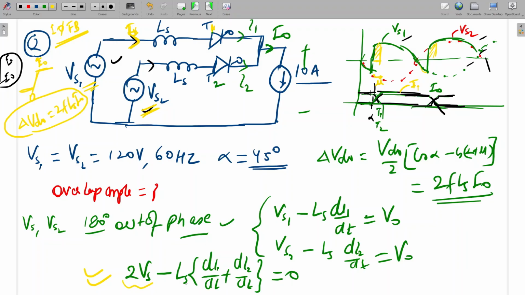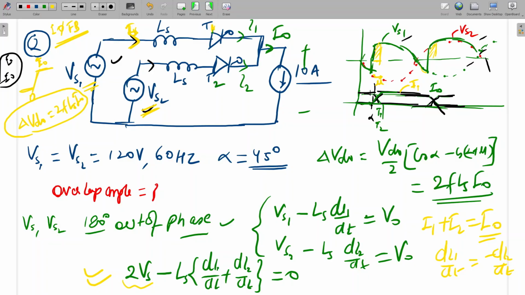And here Ls into di1 by dt. Another thing is there: I1 plus I2 is equal to I0. That I0 is constant. So you can say that di1 by dt is equal to minus di2 by dt. Is it clear?